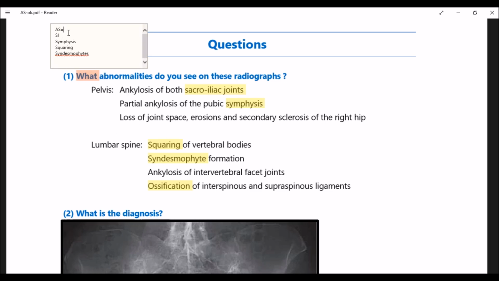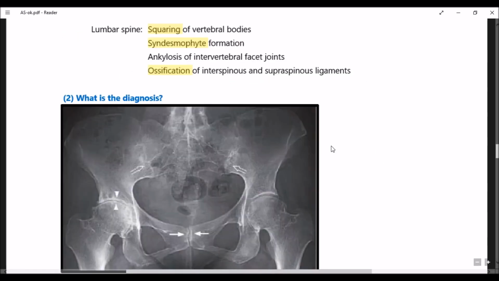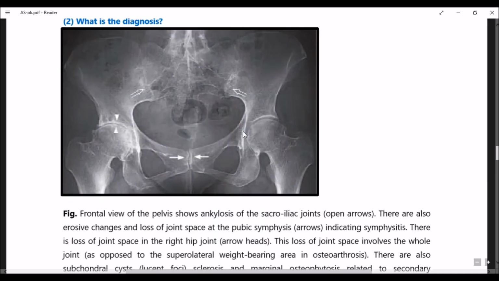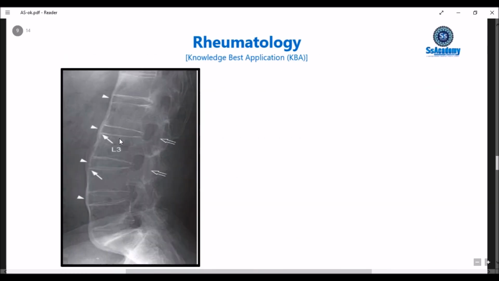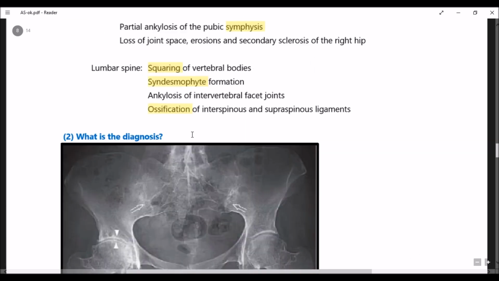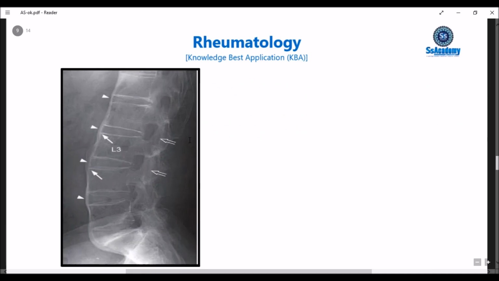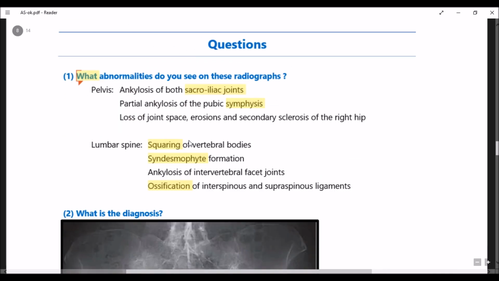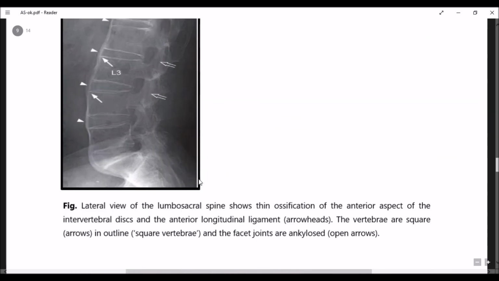So these are the S rule that we can remember in the SS box. Very typical are the SI joints ankylosed, and also the ossification of the interspinous and supraspinous ligaments, squaring of the vertebra, as well as the syndesmophytes.